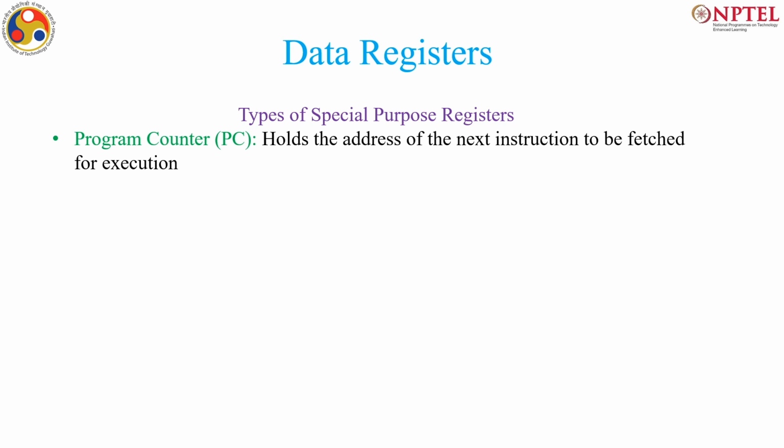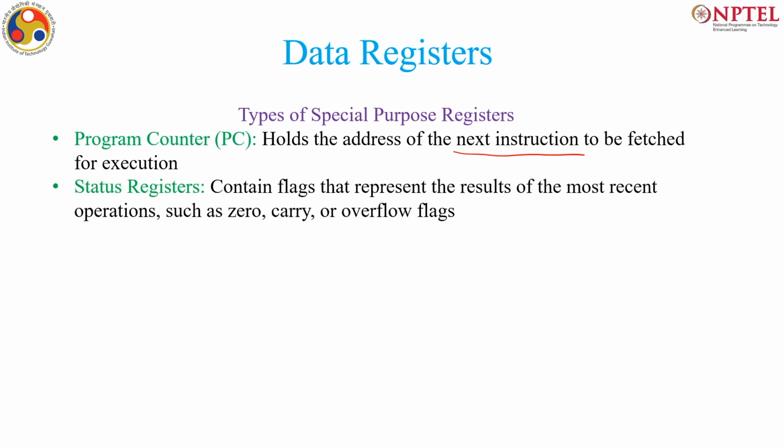Then there are some special purpose registers, like the program counter, which holds the address of the next instruction which is going to be fetched. These instructions are typically fetched sequentially. Then there are status registers that contain flags that represent the results of the most recent operation.